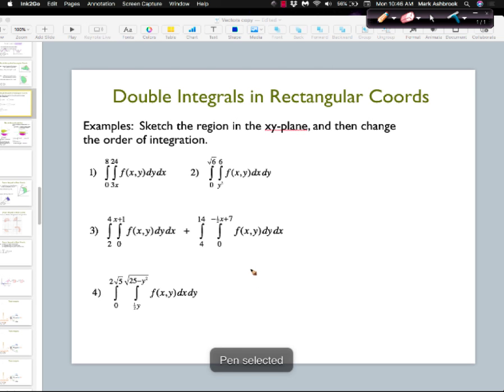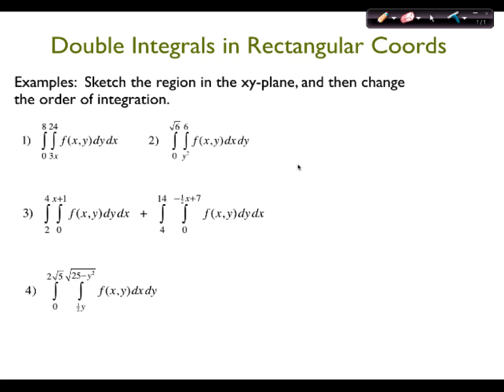So this was the last example we had last time. And we came up with the region.